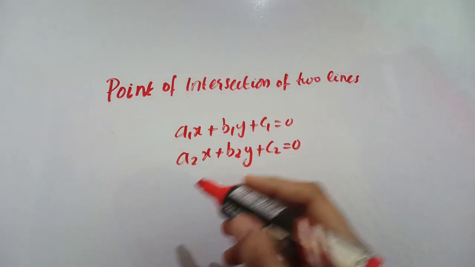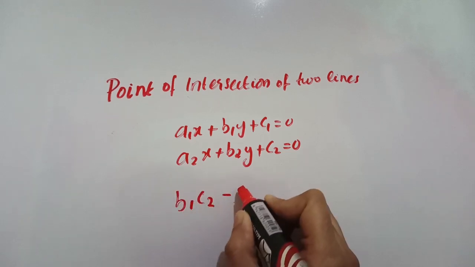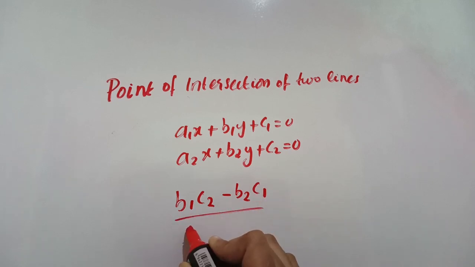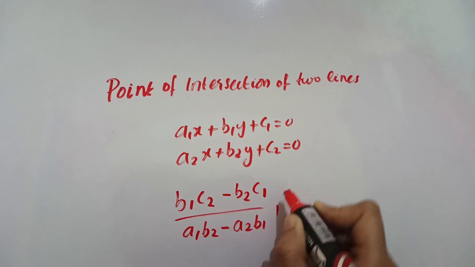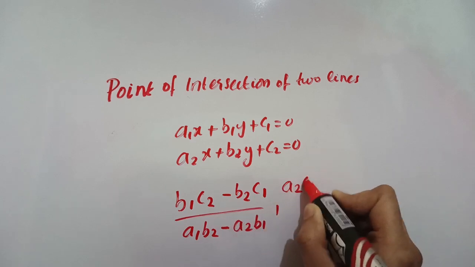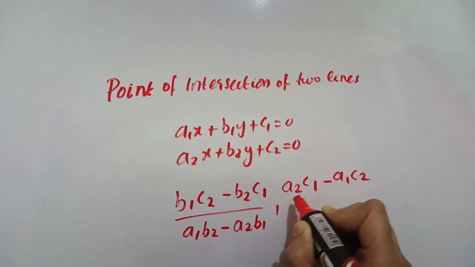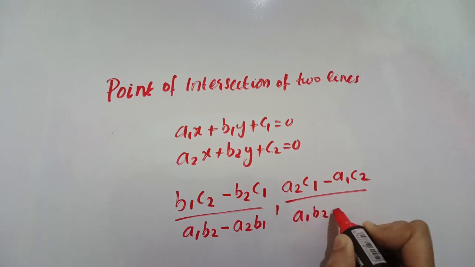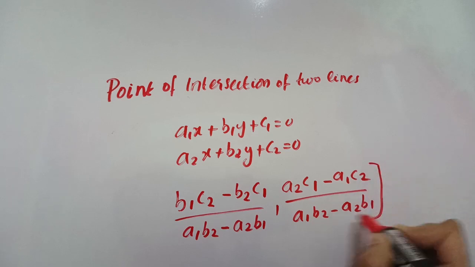Then their point of intersection is given by (b1 c2 minus b2 c1) by (a1 b2 minus a2 b1), and (a2 c1 minus a1 c2) by (a1 b2 minus a2 b1).